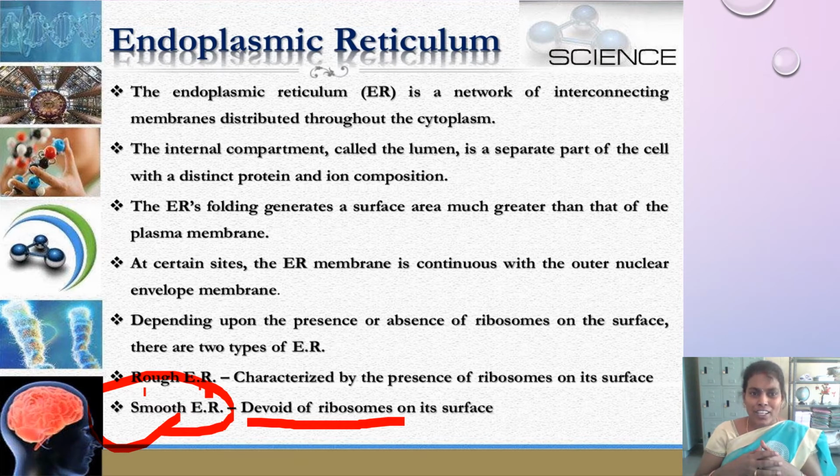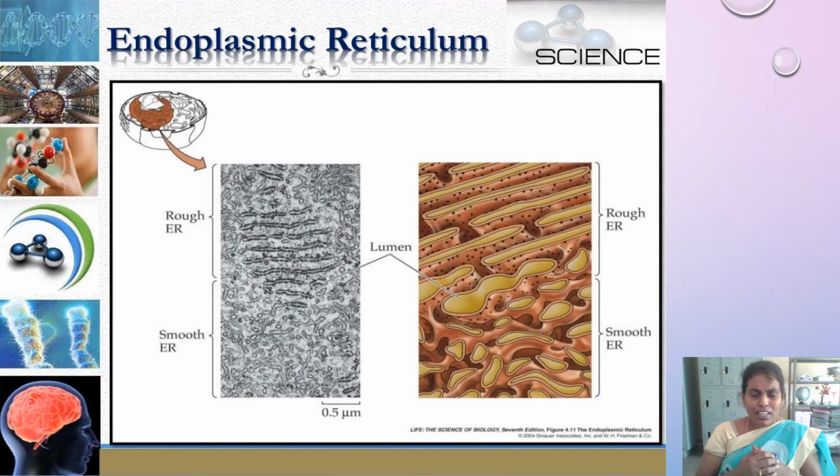Let us see the structure of the endoplasmic reticulum. This is the picture of the endoplasmic reticulum present inside the cell. If you observe here, small black spotted structures are present on the walls of the endoplasmic reticulum. These are rough endoplasmic reticulum.